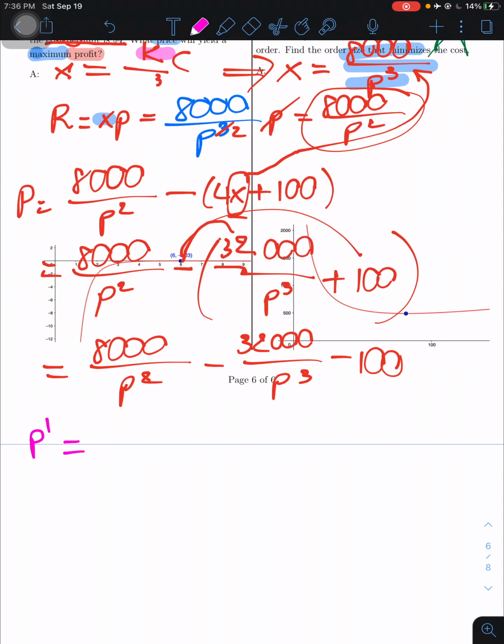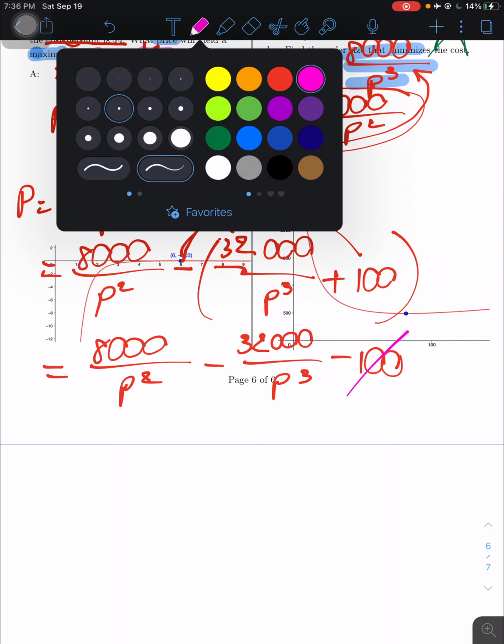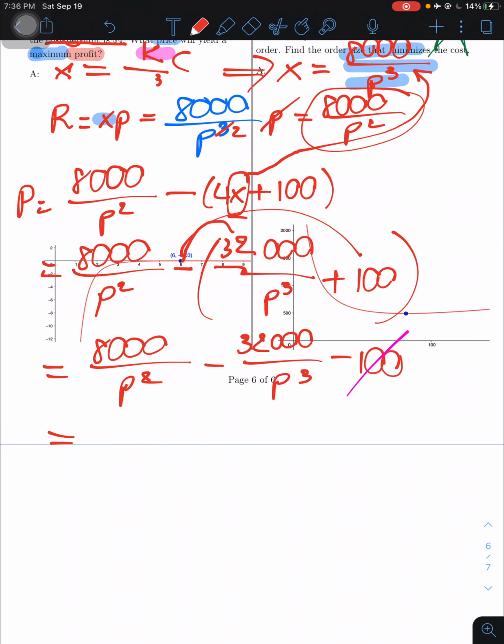This one will go down to 0 because it's just a number. Before we take the derivative, let me rewrite the P function as a power function, because it will be easier to take the derivative that way. So this equals 8,000 p to the negative 2, minus 32,000 p to the negative 3, minus 100.